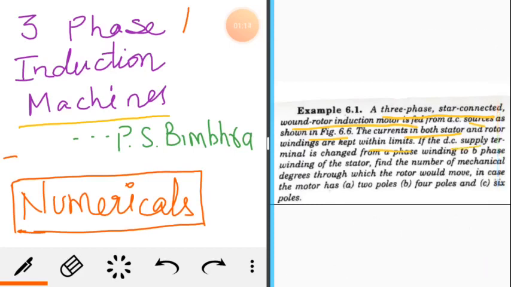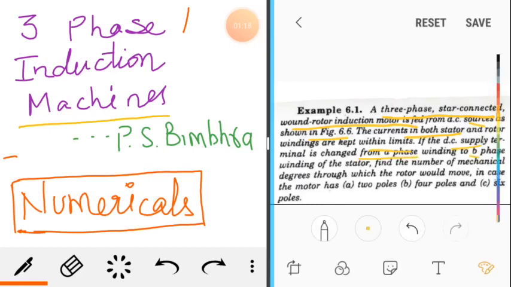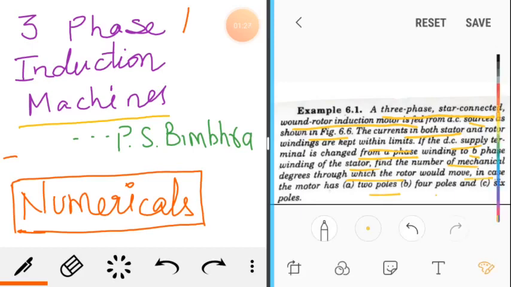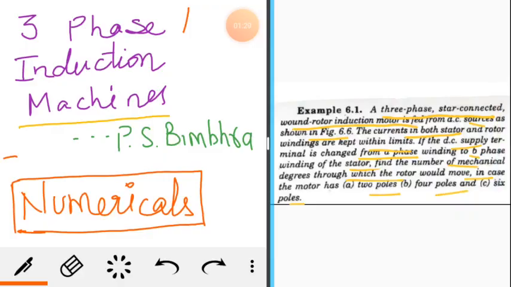If the DC supply terminals are changed from phase A winding to phase B winding of the stator, find the number of mechanical degrees through which the rotor would move in case the motor has 2 poles, 4 poles and 6 poles.